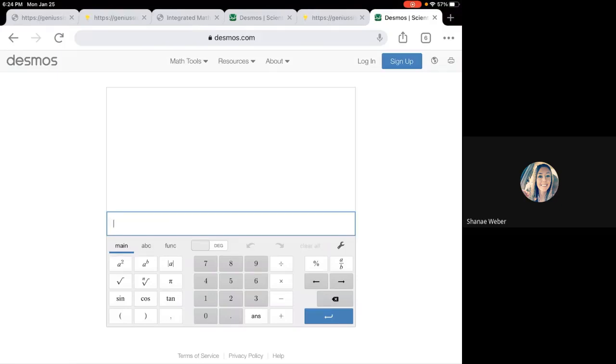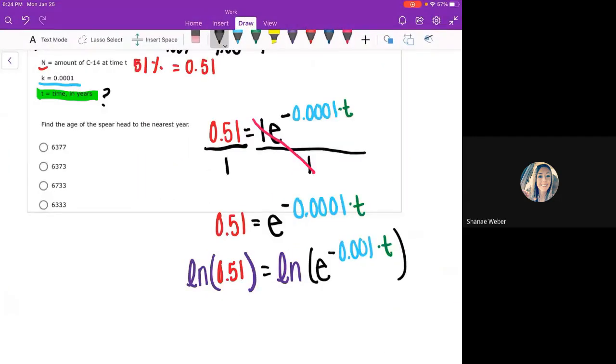If you want to pull that calculator up, or if you have a calculator at home, don't use your iPhone one. Okay.